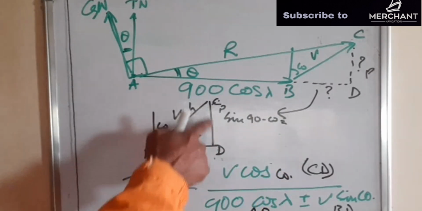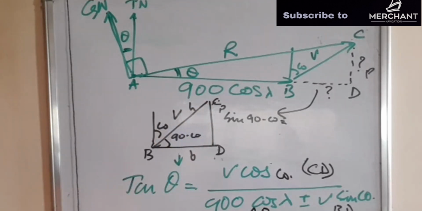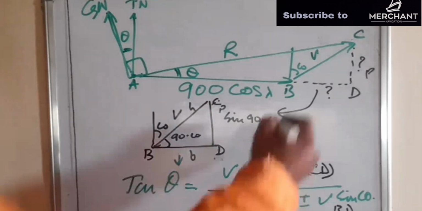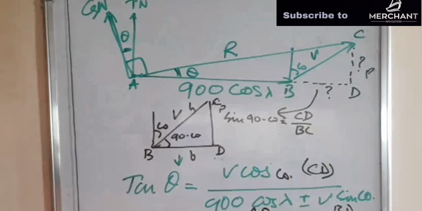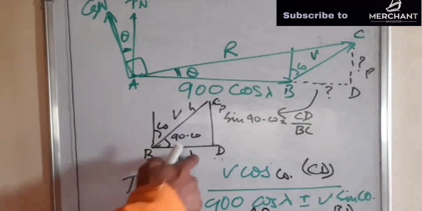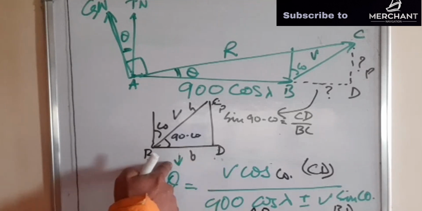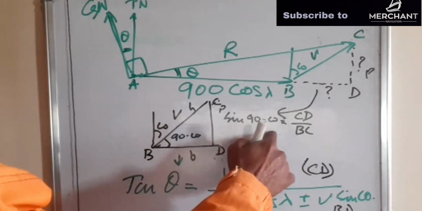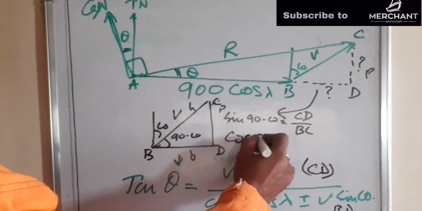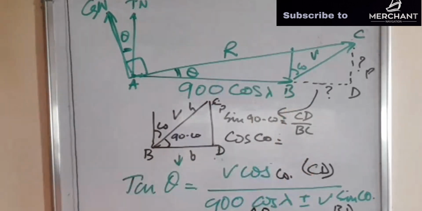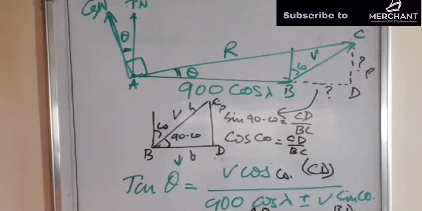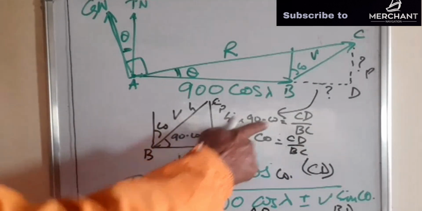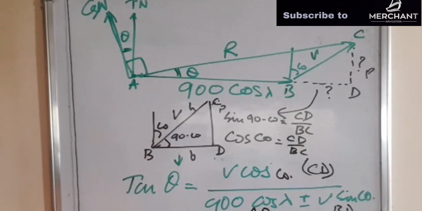Sin 90 minus course is equal to P by H, is equal to CD by BC. Correct? We know that sin 90 minus course is equal to cos course. सही है?